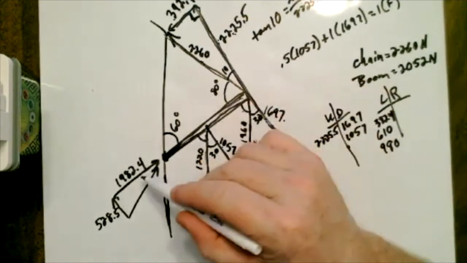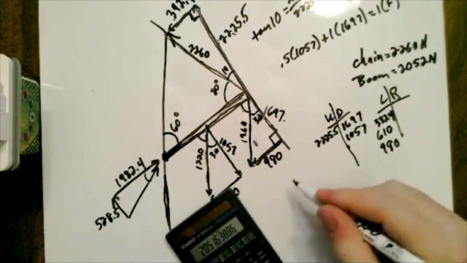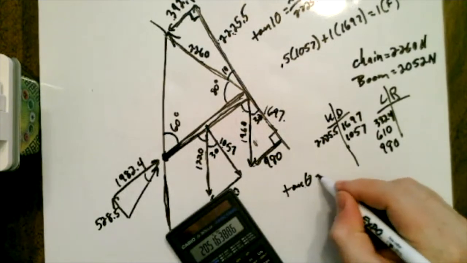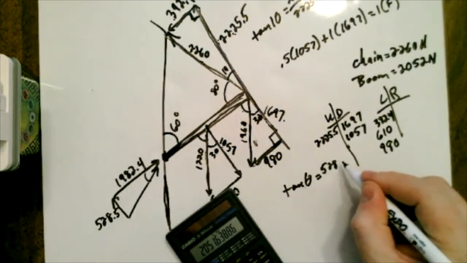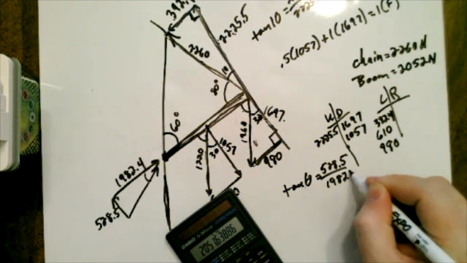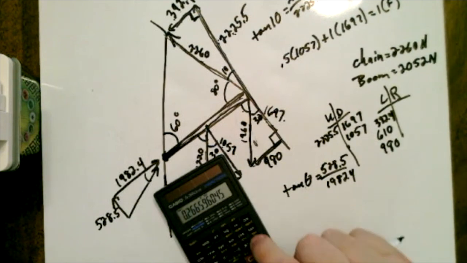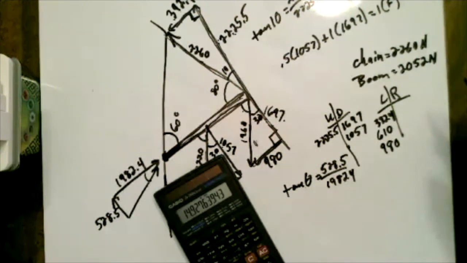And now I just need this angle here below the boom extended, and that would be tangent of the angle equals 528.5 over 1982.4. So 528.5 divided by 1982.4, shift tangent, and it's 15 degrees.